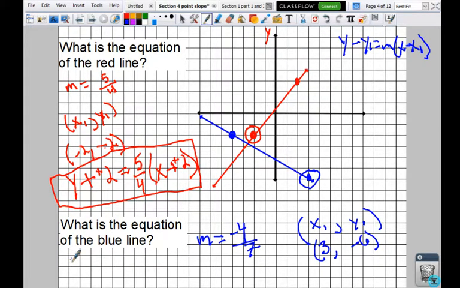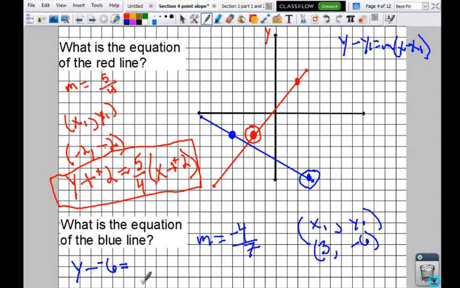So Zoe, what's my equation going to look like on this first part? Y subtracted by... Which one of these is x1, which one's y1? Oh, -6. So y minus -6. And then what's it going to equal, Jared? Equal. After the equal sign here.